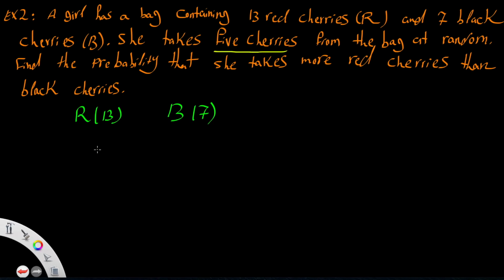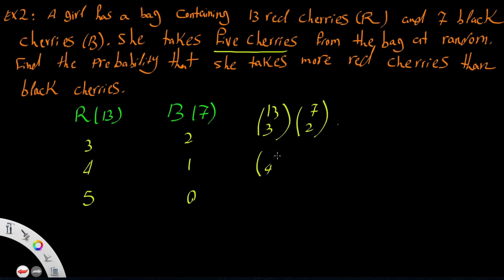So what are the possibilities? You can select 3 red, 2 black, or 4 red, 1 black, or 5 red, 0 black. Now let's calculate. It could be combination of 3, because these 3 are going to be selected out of 13, and 2 out of the rest 7 ones. Here will be 4 out of 13 combination.